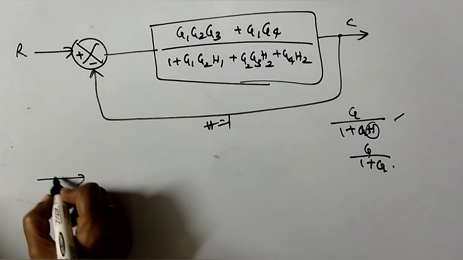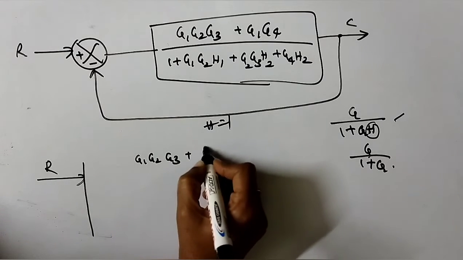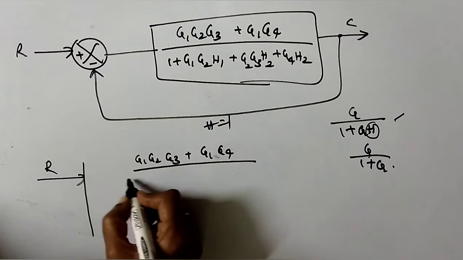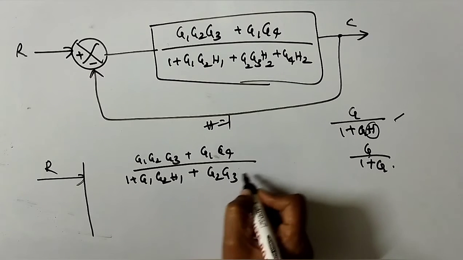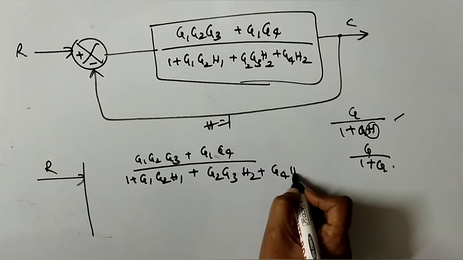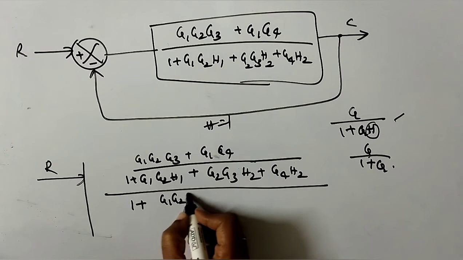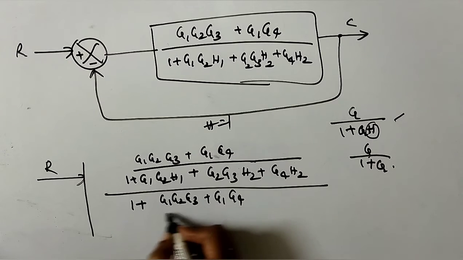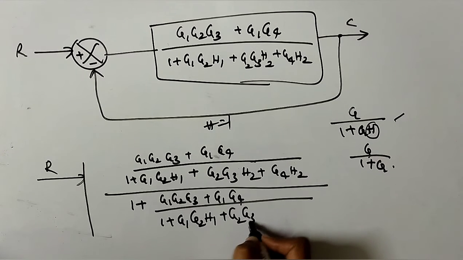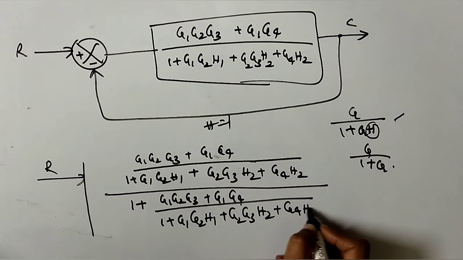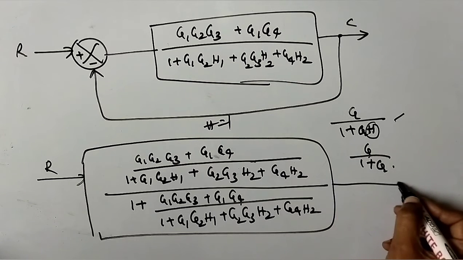Now it's nothing but R into G1 G2 G3 plus G1 G4 by 1 plus G1 G2 H1 plus G2 G3 H2 plus G4 H2, divided by 1 plus G1 G2 G3 plus G1 G4 by 1 plus G1 G2 H1 plus G2 G3 H2 plus G4 H2, and you have an output.